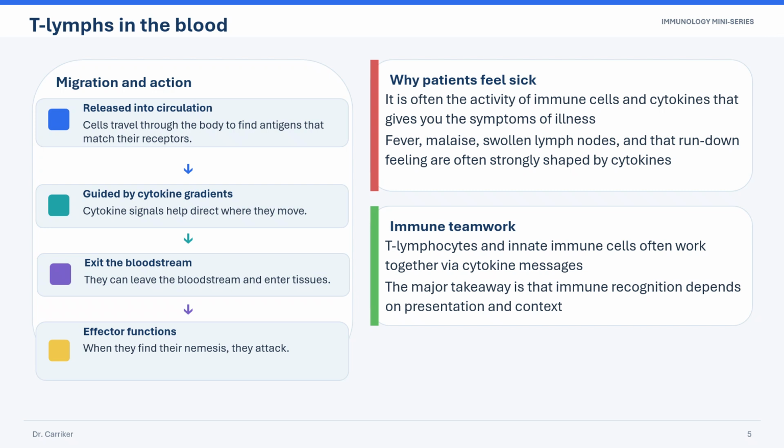So the major takeaway here is that immune recognition depends on presentation and context. We've talked about MHC molecules displaying antigen, and we discussed CD8 cells, which kill infected cells. We discussed how CD4 cells are coordinating a response.